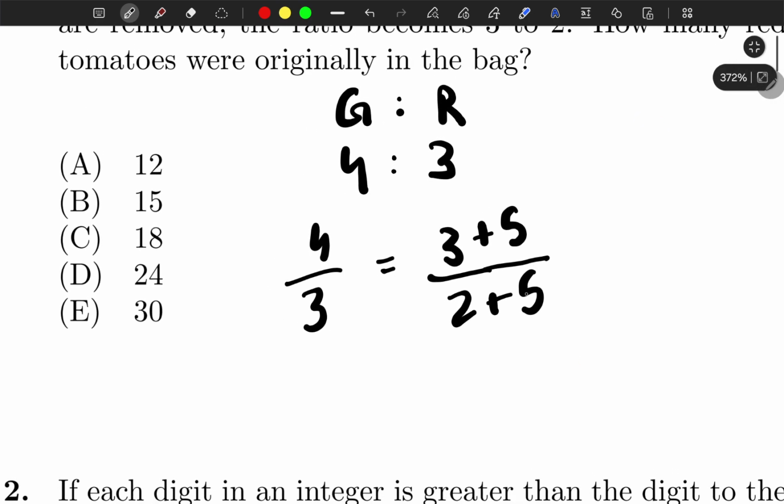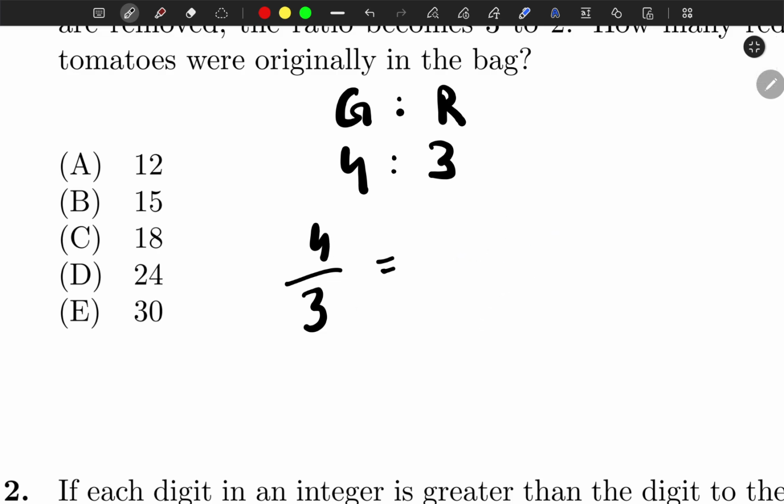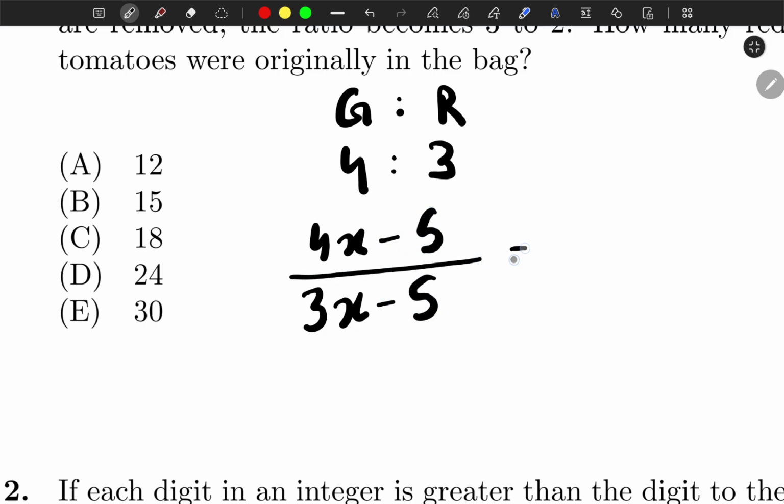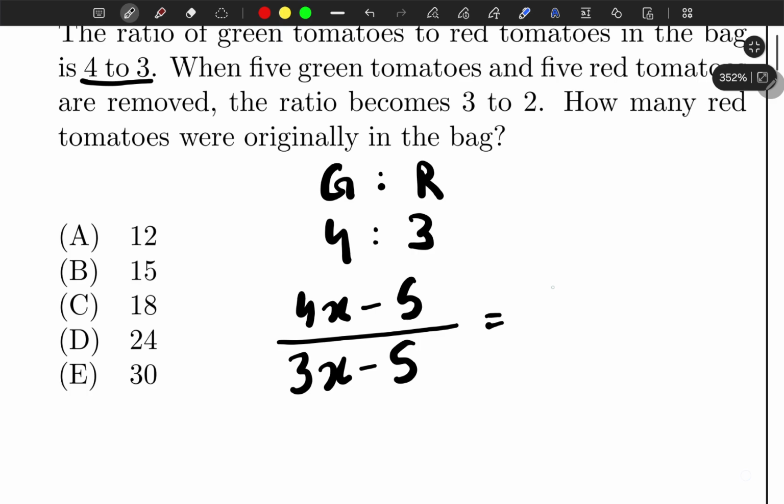Actually, I believe we're going to write it the opposite way around. So we'll consider the number of tomatoes as x, and we're going to be subtracting 5 tomatoes from it, and this will give us the final ratio of 3:2.